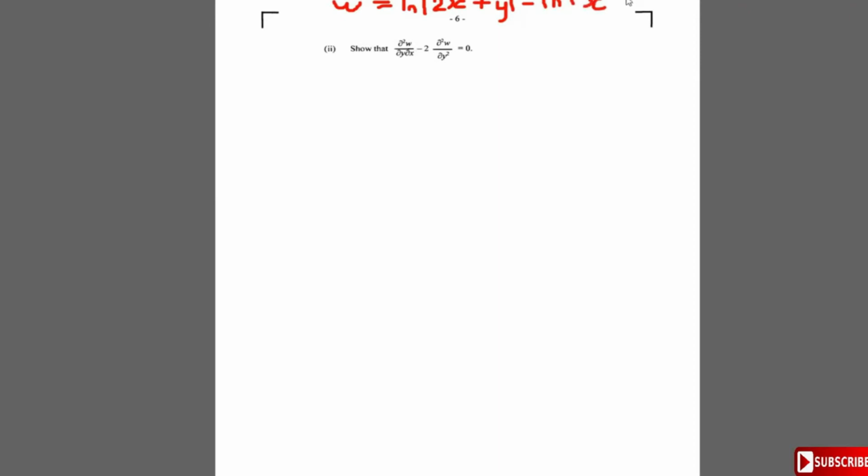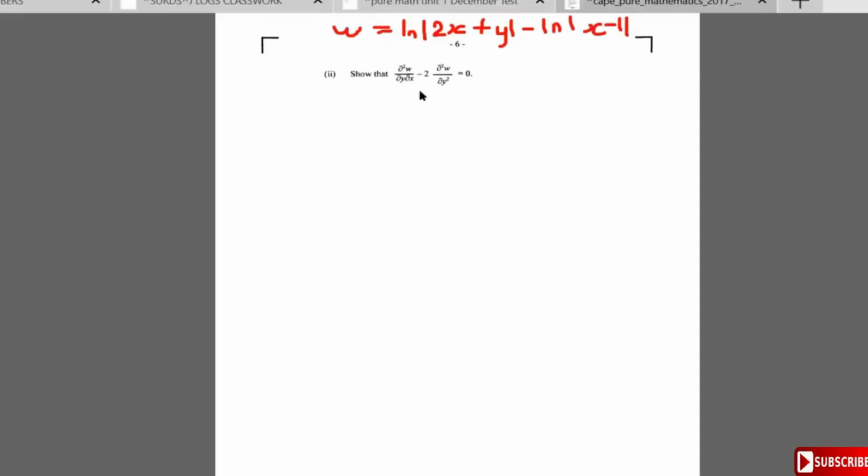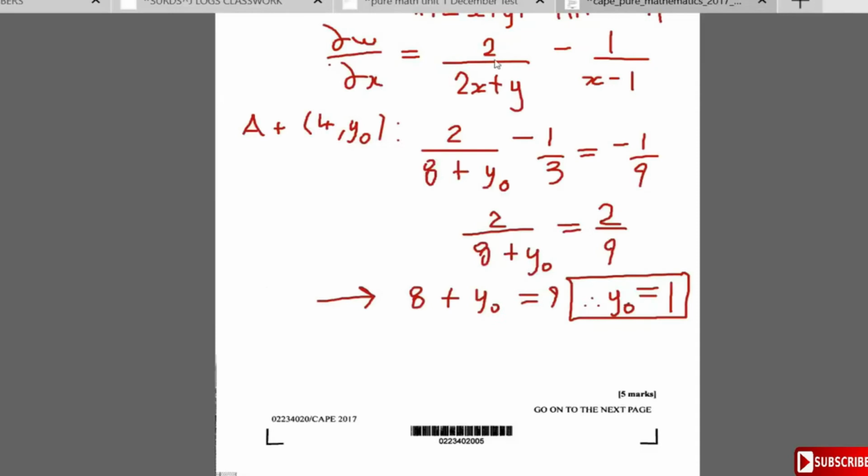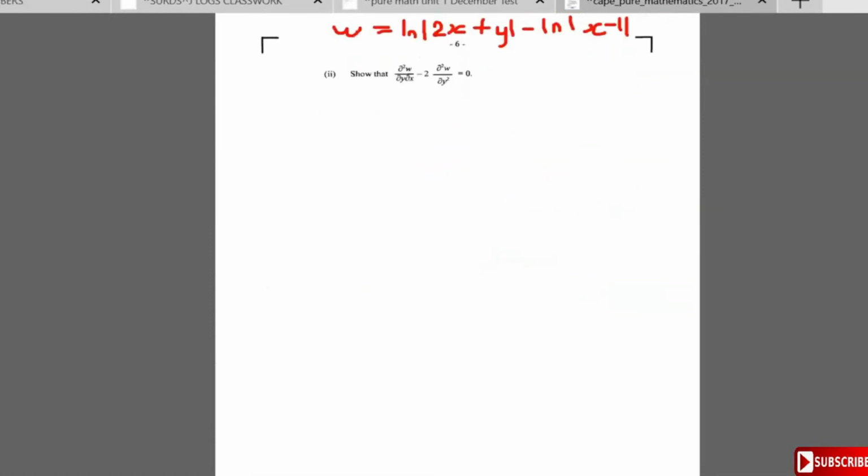Just to write it down so it's easy to differentiate back again. All right. And we already found out what ∂w/∂x is: 2 over 2x plus y minus 1 over x minus 1. So we can write that back.